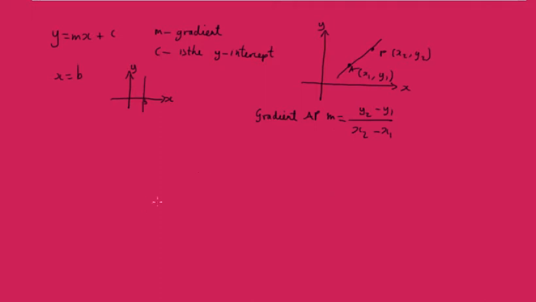Now let's make x2 equal just to x and y2 just equal to y. So let's play with this formula. So we've got m, and if we make it just y minus y1 and x minus x1, and we rearrange this formula, we get this equation: y minus y1 equals m times x minus x1.